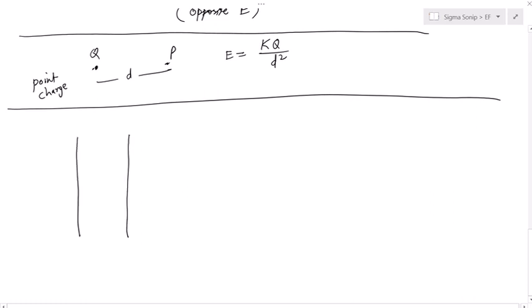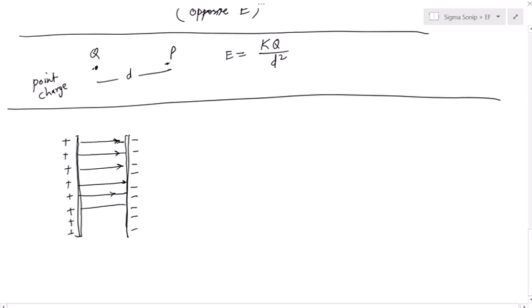These are parallel plates made of conductors, and one of them is positively charged and the other is negatively charged. So there will be an electric field between these two plates, and the electric field will be in this direction, always from positive charge towards the negative charge.